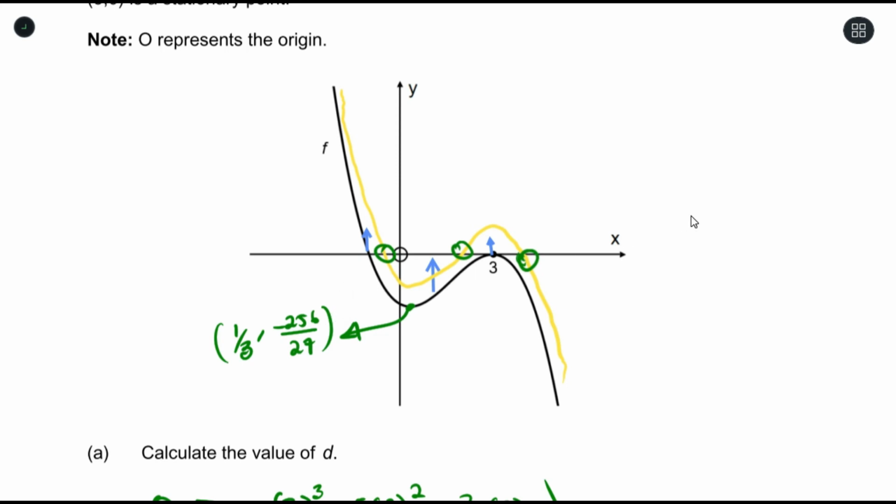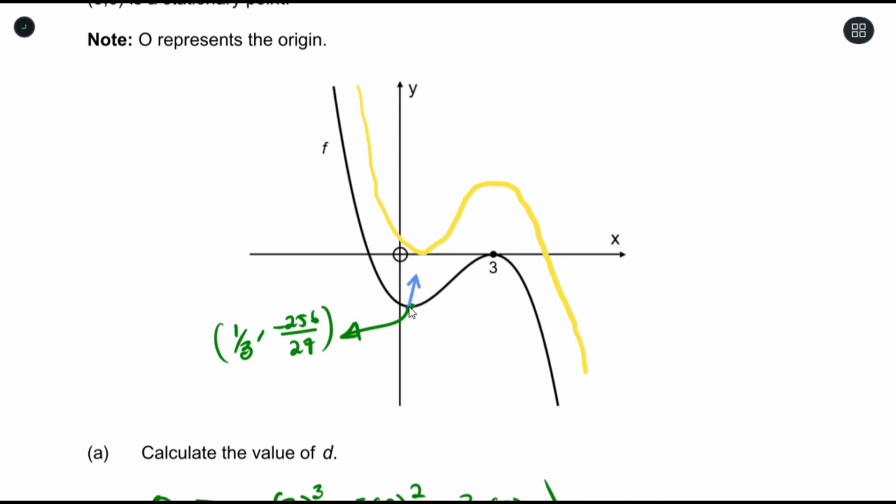But there is a limit to this, actually, and the limit is this. We cannot move it past here. That limit is me moving it from this to there. You see this turning point that I have here as 1/3 and negative 256 over 27.